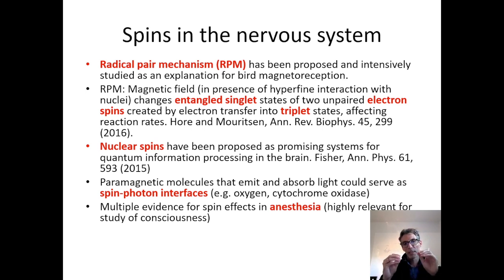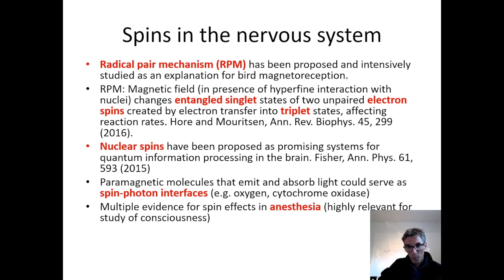If there is a magnetic field present, and nuclear spins in these molecules, then this original entangled state, a singlet state, can be converted into other types of states, so-called triplet states, and this affects the reaction rates between these molecules. Hypothetically, this is how magnetic field sensing works in birds. That's why they would be sensitive to these magnetic fields. So that is one important area of quantum biology where spins really play a role.